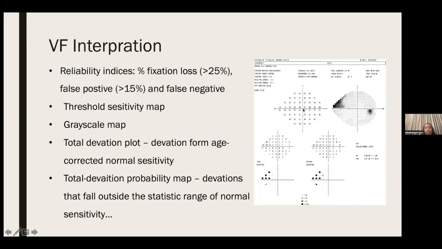And then we have the threshold sensitivity map, the grayscale, and the total deviation plot, a deviation from the average corrected normal sensitivity, and its total deviation probability map, which shows deviation that falls outside the statistical range of normal sensitivity.